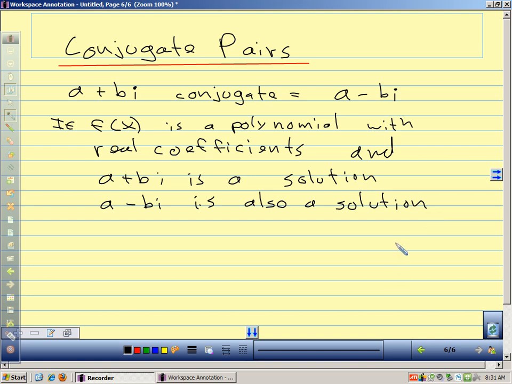So if we have a complex solution to our polynomial, the complex solutions always occur in conjugate pairs.